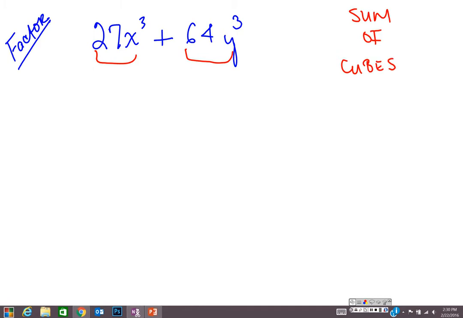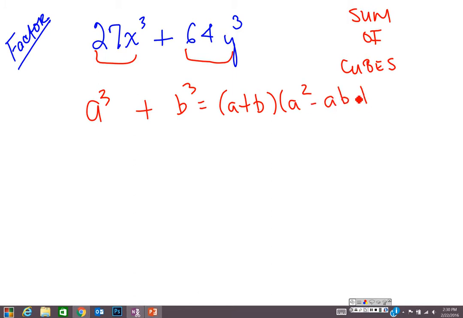Now the formula for the sum of cubes is a cubed plus b cubed equals a plus b times a squared minus ab plus b squared. All we have to do is match up the a and the b, and once we figure out what the a and the b are, we can just plug the a and b in the formula.